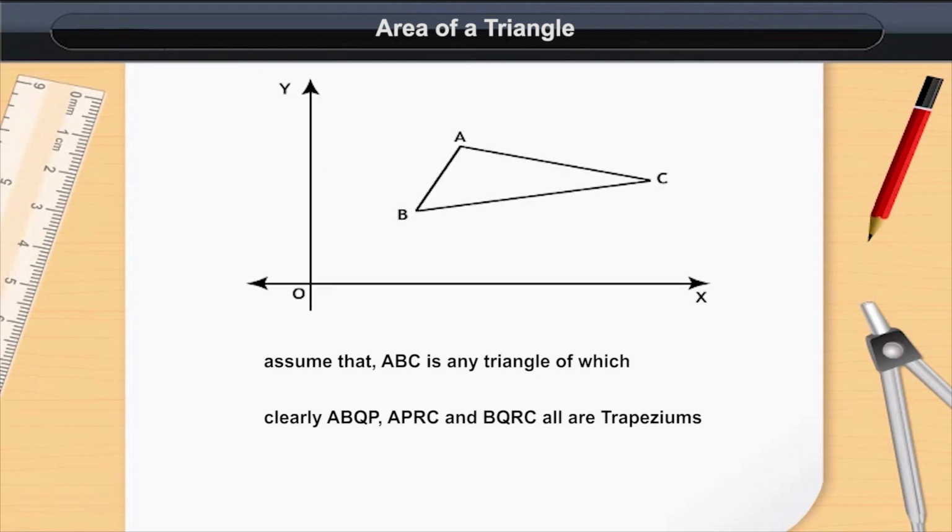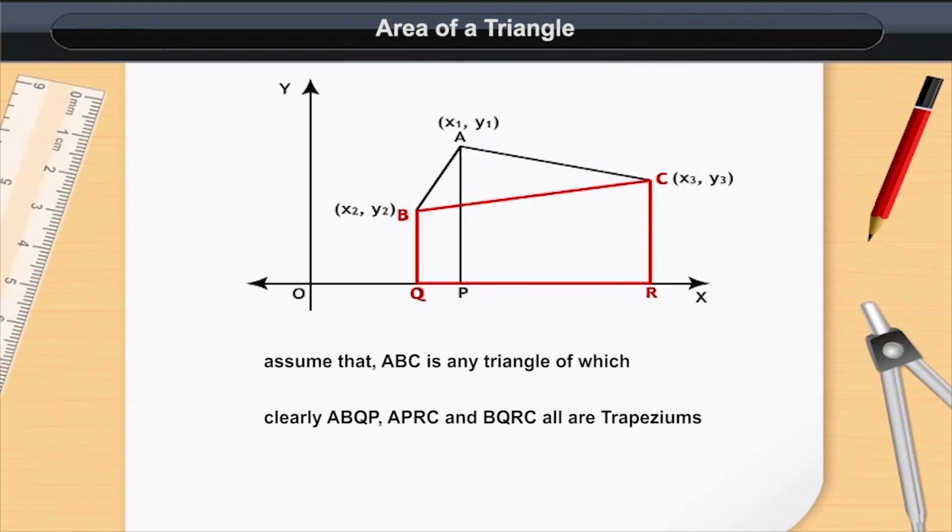formula. Let us see. Let us assume that ABC is any triangle which has points A (x1, y1), B (x2, y2), and C (x3, y3).